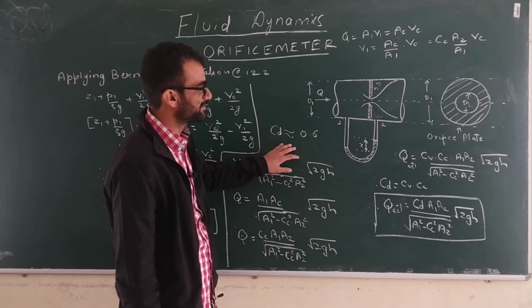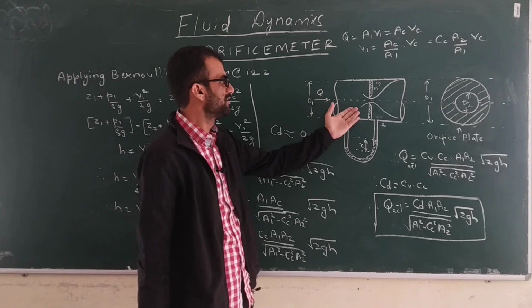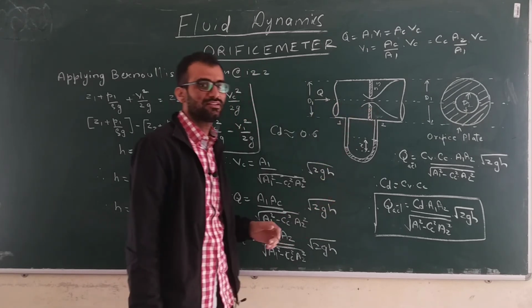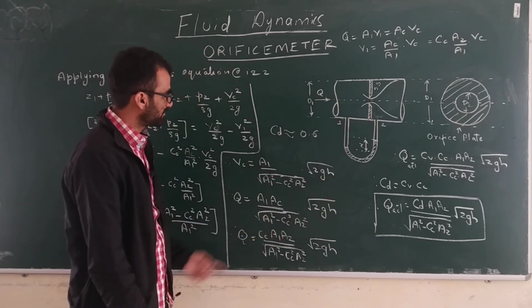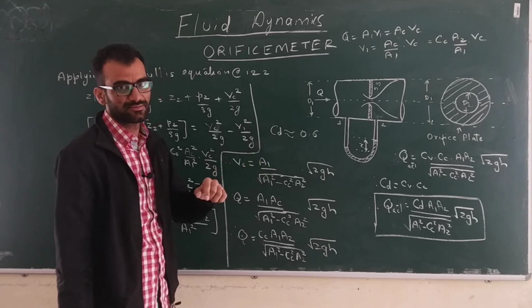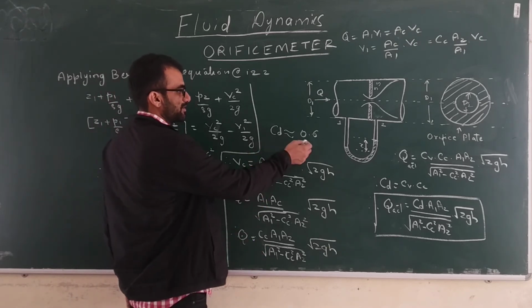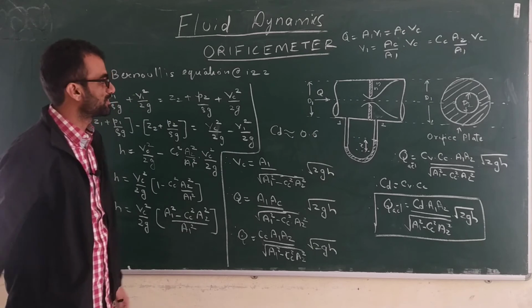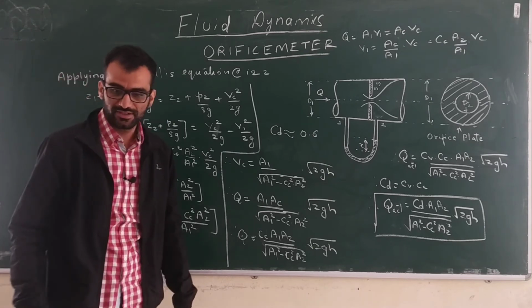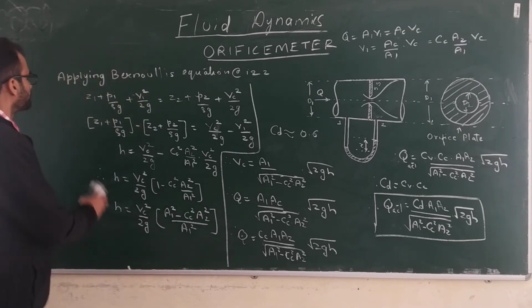CD is very sensitive to flow Reynolds number because losses are directly depending upon the inertia Reynolds number. So CD will vary across the Reynolds number, but you can still get an average value of CD, which can be used for practical applications. Alright, so this is all about the orifice meter.